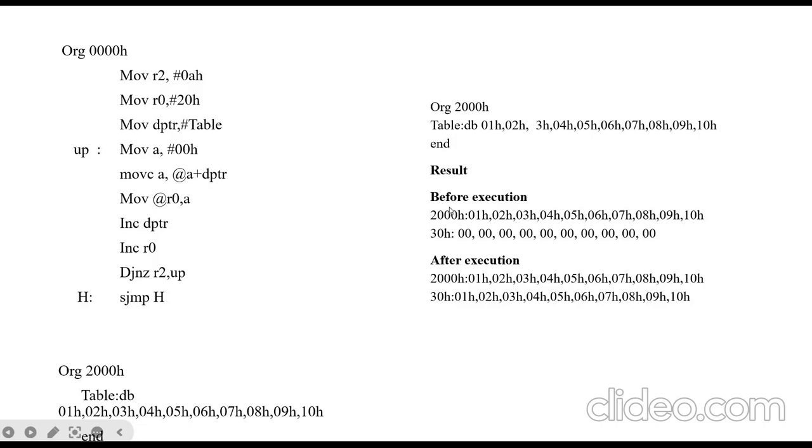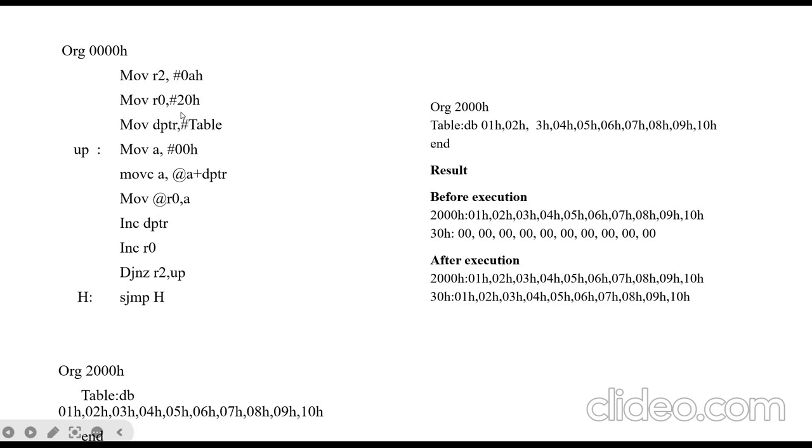Here, what is the first step? It is nothing but setting the directive for the starting address: org 0000h. Then we have the initialization. First is move r2, #0ah. It will load the value 10, in hexadecimal, into the register r2, and this will be used as a loop counter to iterate through the data table.